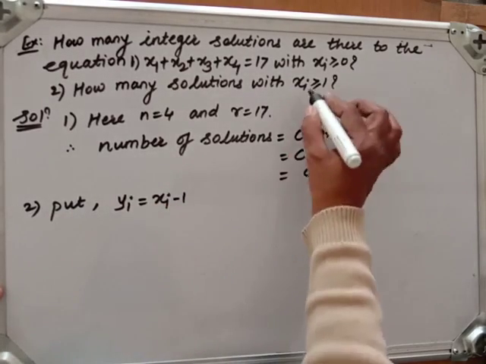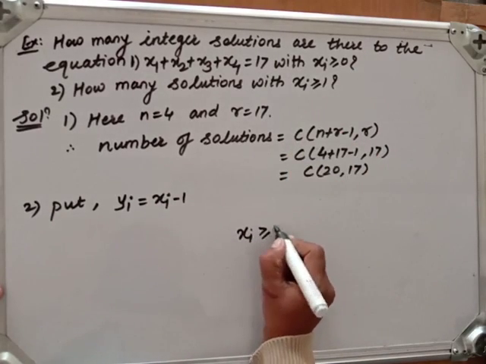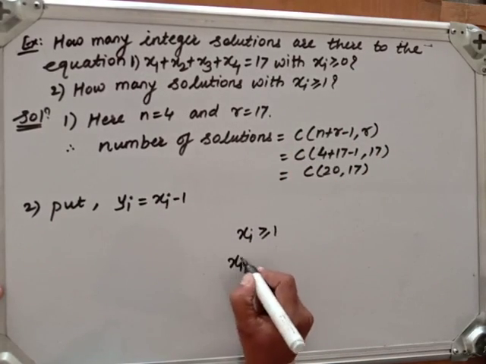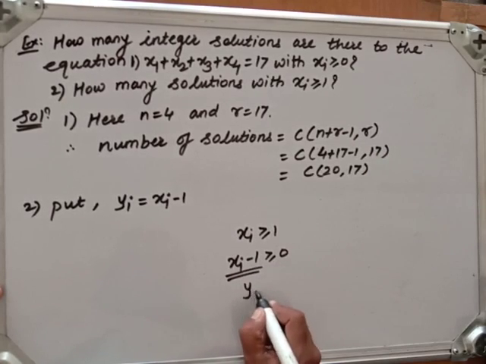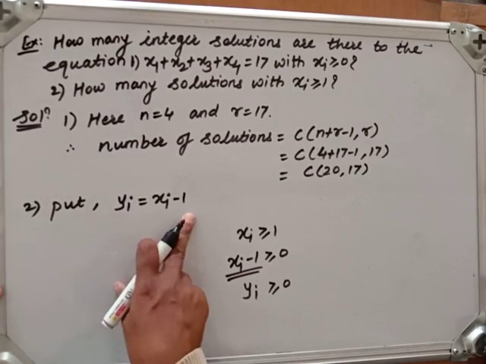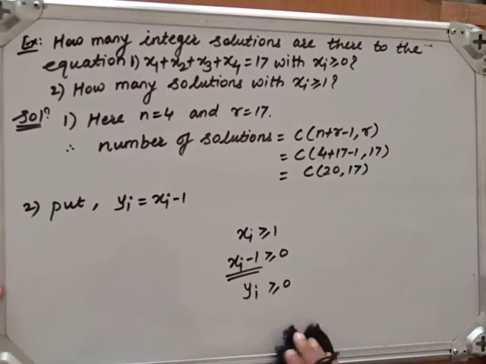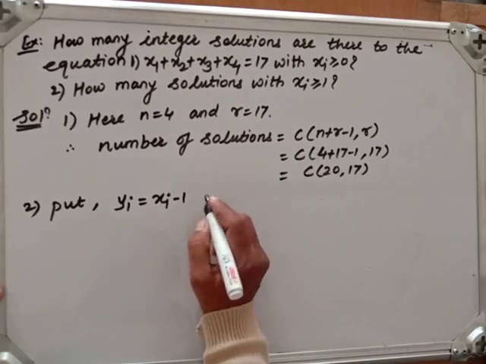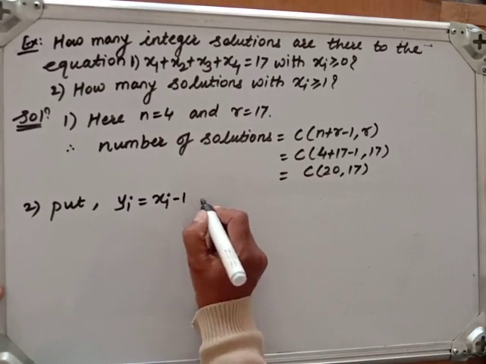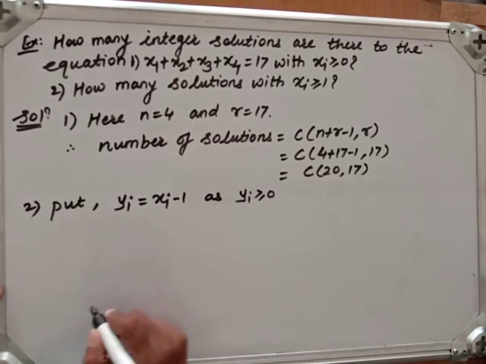Since xi is greater than or equal to 1, xi minus 1 is greater than or equal to 0, so yi is greater than or equal to 0.